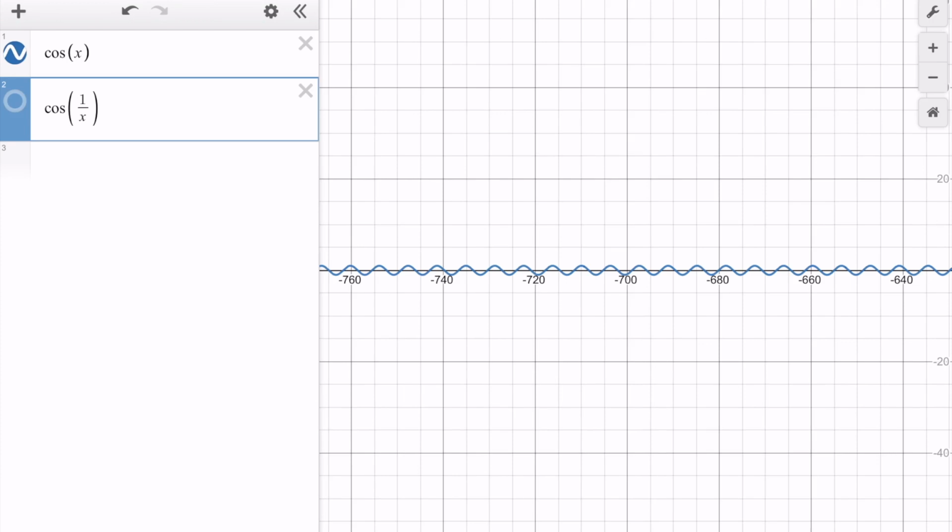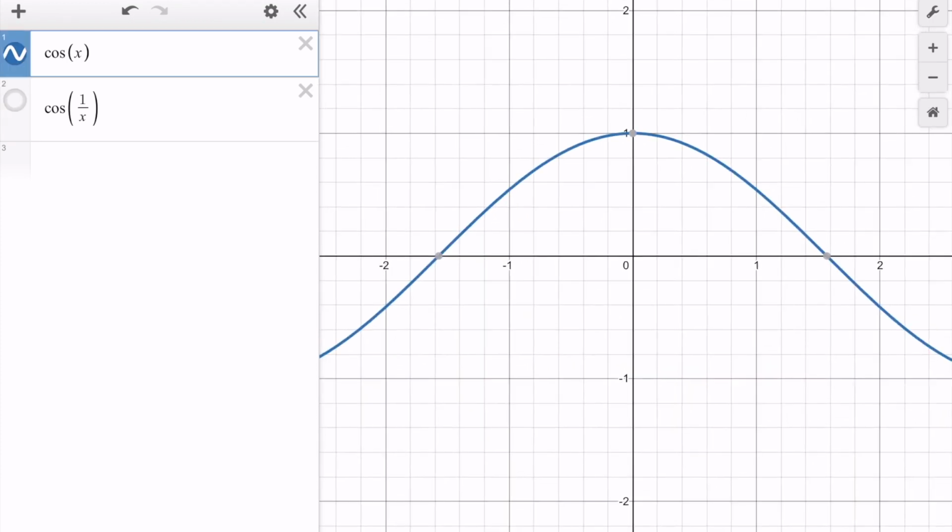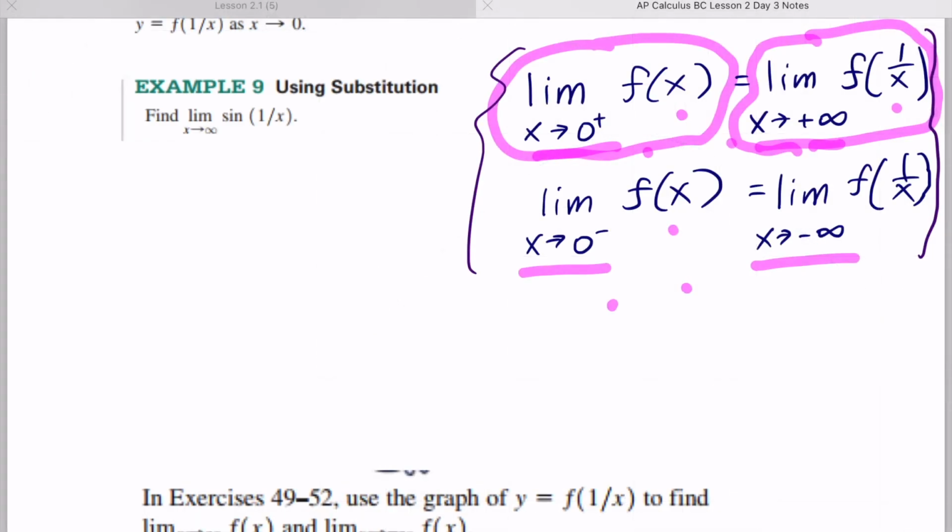Now go back to the original function. That was the same value for the limit as x approaches 0 from the right side as well as the left side. So graphically you can see that, and conceptually you can see that as well. Let me write the specific function statement right here. The limit of cosine of x as x approaches 0 from the right side is equal to the limit of cosine of the reciprocal of x as x approaches positive infinity.